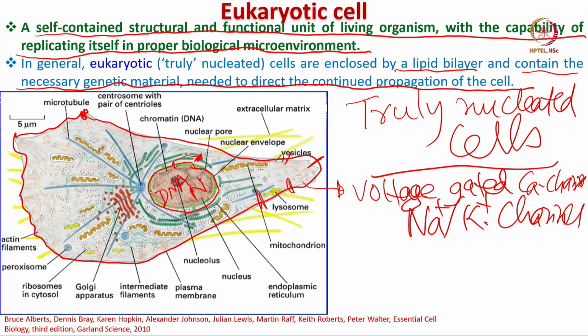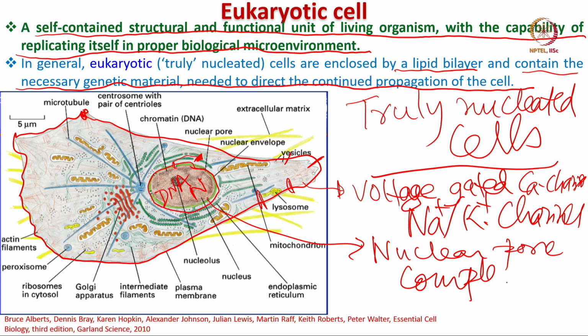The nucleus has a nuclear pore complex. What it means is that there are pores in the nucleus, and these pores essentially allow the transport of biological macromolecules, like when DNA goes to mRNA, it can be transported through the nuclear pore complex.